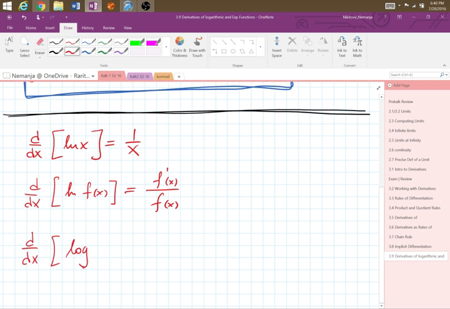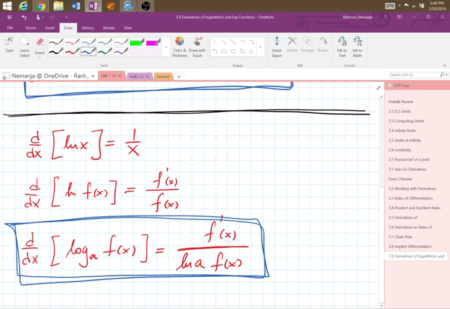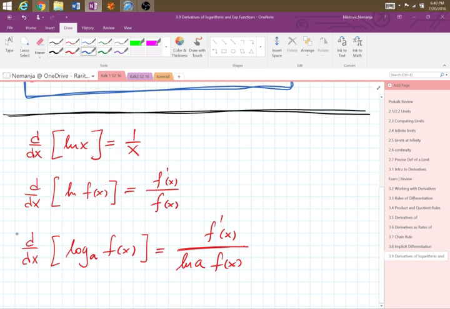So log of base a of f of x is going to be ln a times f of x in the denominator and then f prime in the numerator. And that would be the most general case for logs. Actually, it's a terrible box because it cuts through derivative.